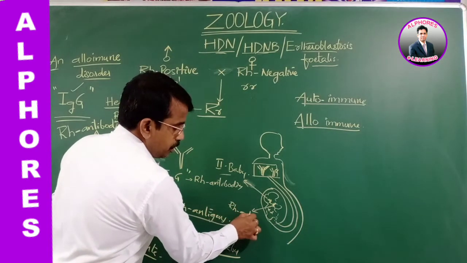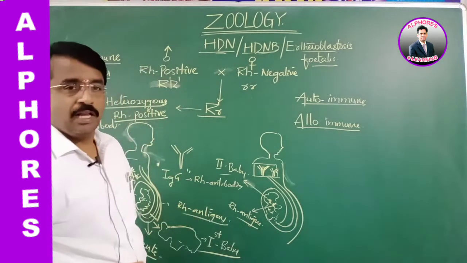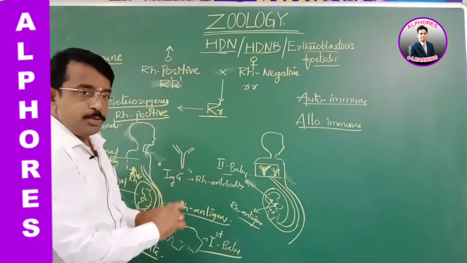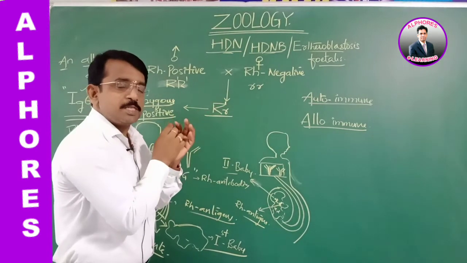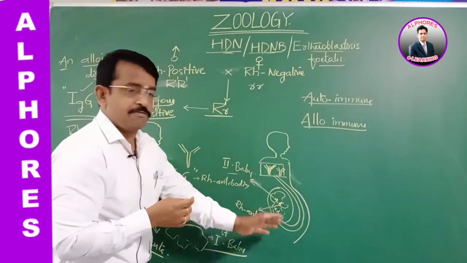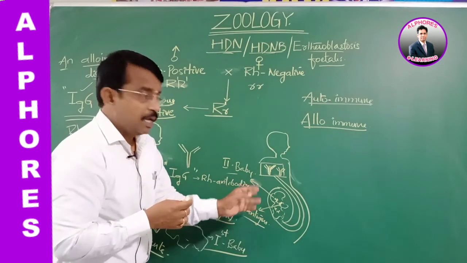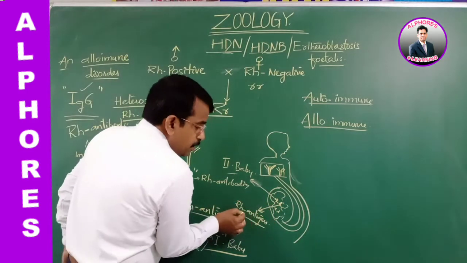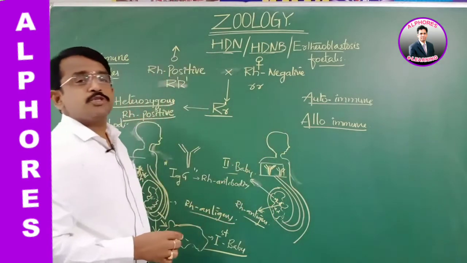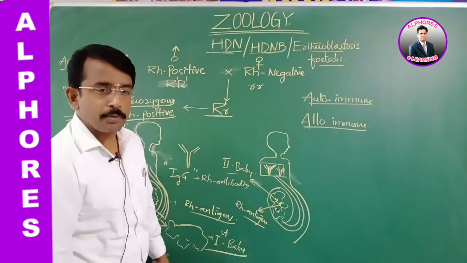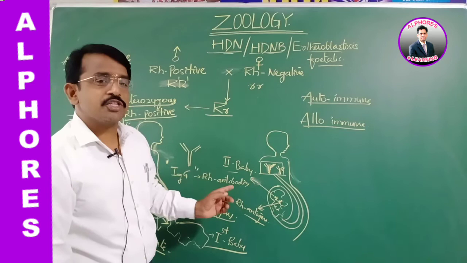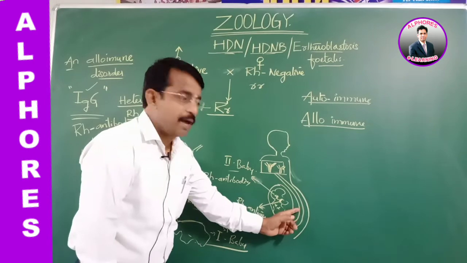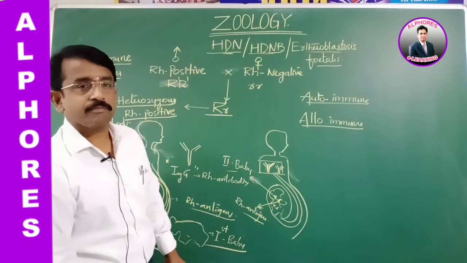During the first baby's birth, the mother's immune system sensitized and produced the Rh antibodies, but meanwhile the first baby took birth. But the second time, as the baby is also Rh positive, naturally the Rh antigen is exposed to the mother's immune system, so the Rh antibodies are rapidly produced. These produced Rh antibodies cross the placental barrier and enter into the fetus.